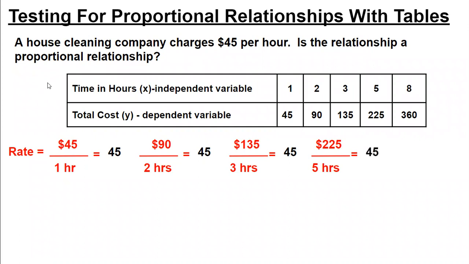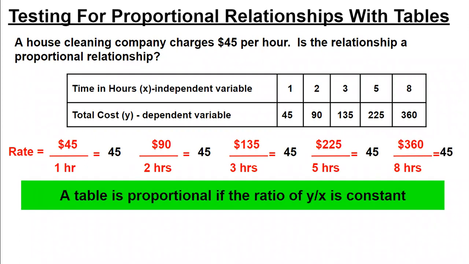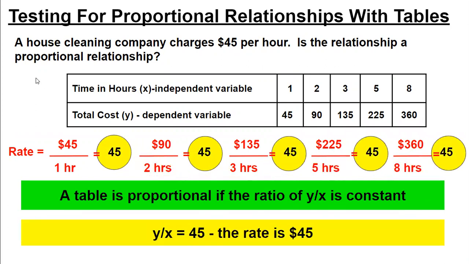And what about 360 divided by 8? 45. A table is proportional if the ratio of y divided by x is constant. 45 every time. Y over x is equal to 45. That is the rate. The rate is $45 per 1 hour. That's our unit rate.